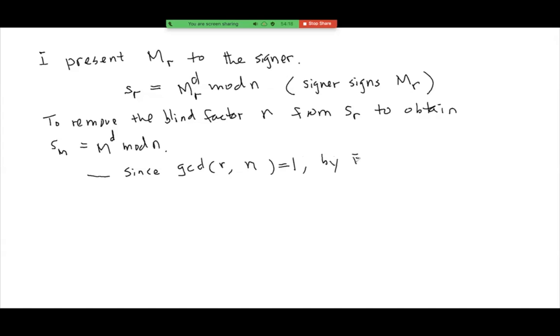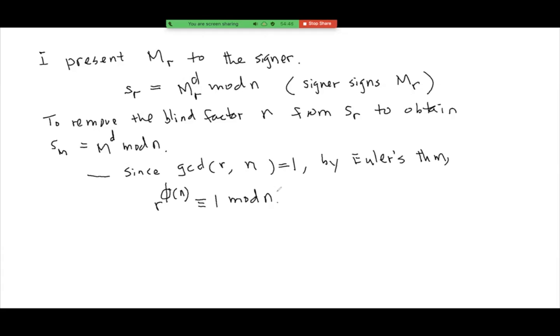Since GCD of R and N is equal to 1, by Euler's theorem, we have R to the phi of N is congruent to 1 mod N. So that is the first fact we have. All right.